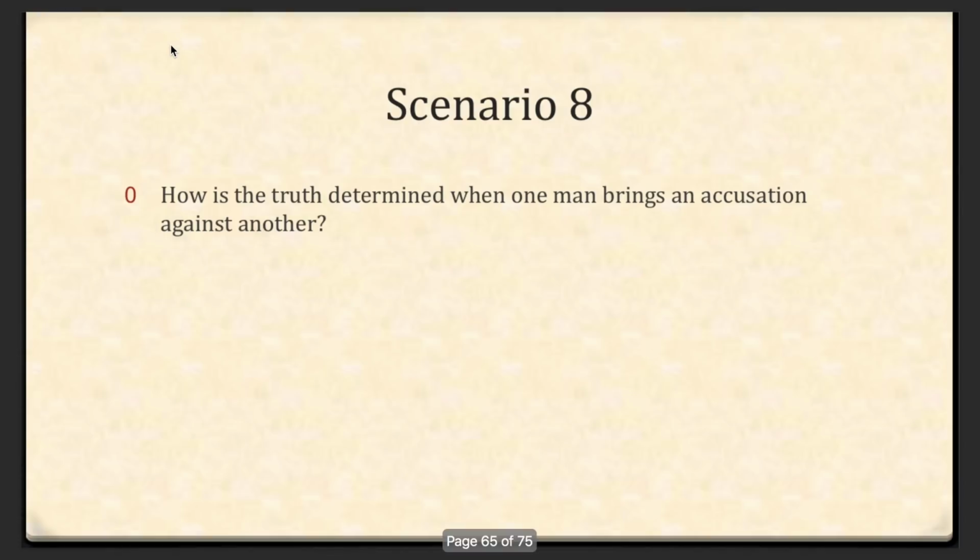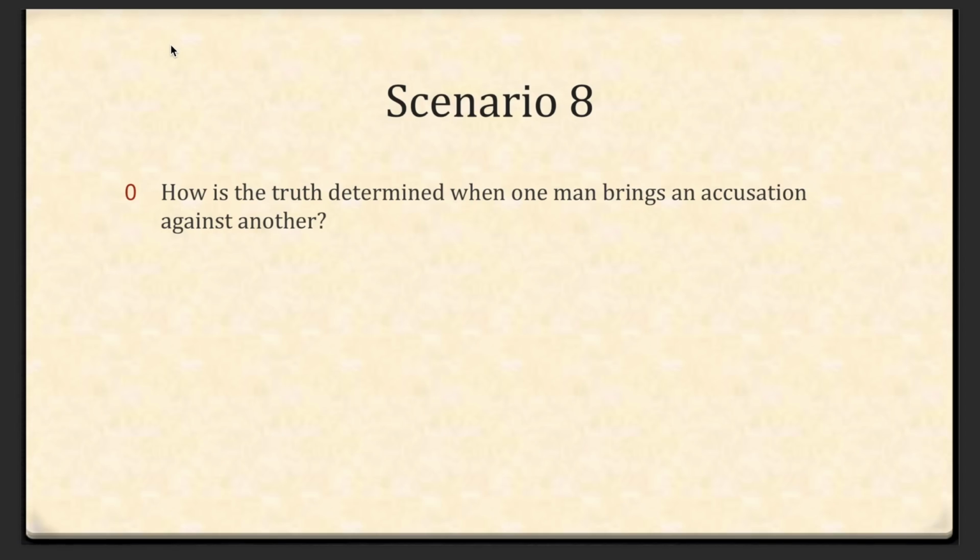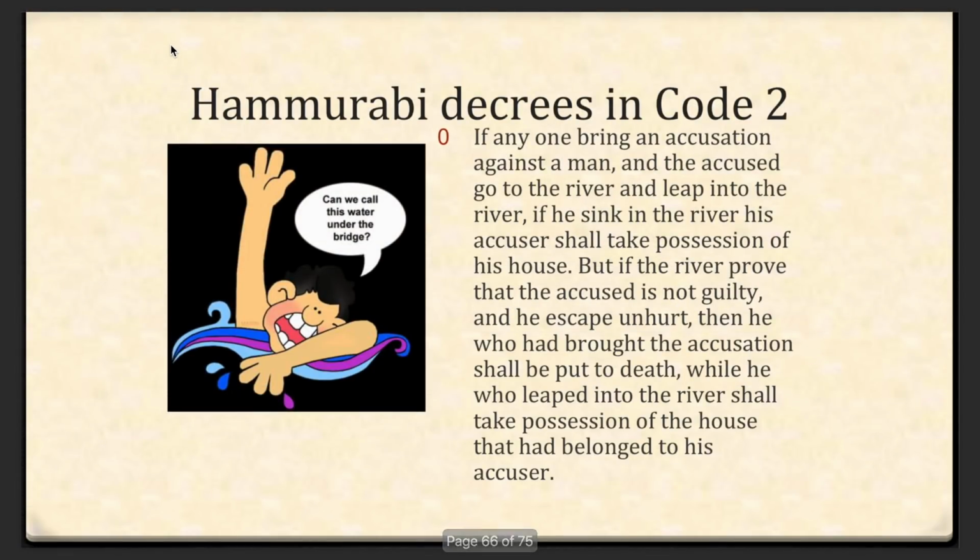All right, so our last scenario in this little game. How is the truth determined when one man brings an accusation against another? How do you figure out who's telling the truth? Well, Hammurabi says, if you accuse a man, the man you are accusing will jump in the river.